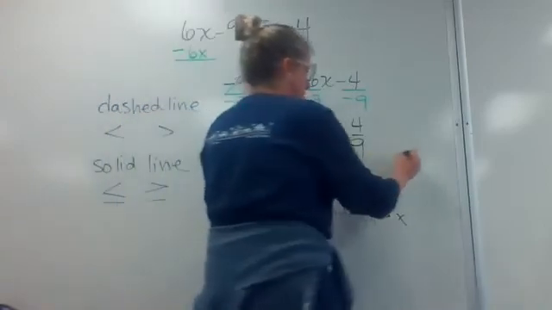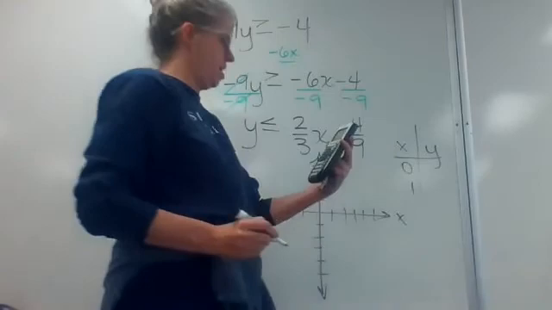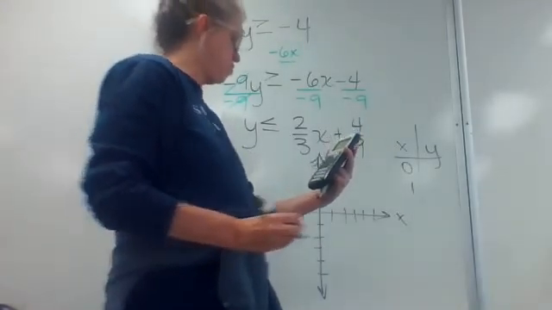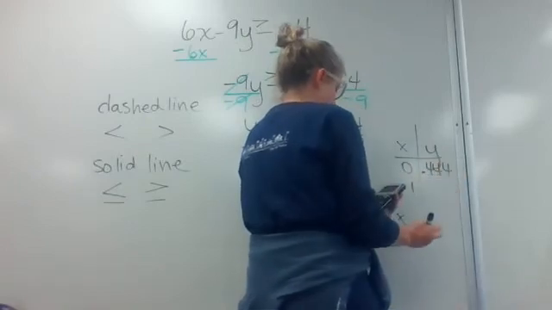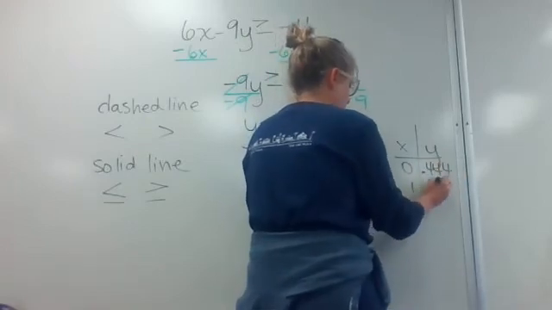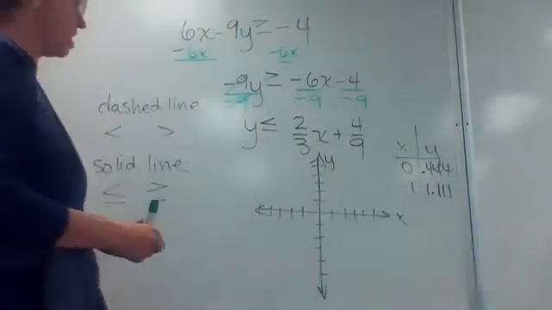So let's see, I'll just plot 2 points where x is 0 and x is 1. When x is 0, I have 0.444. When x is 1, I have 1.111.